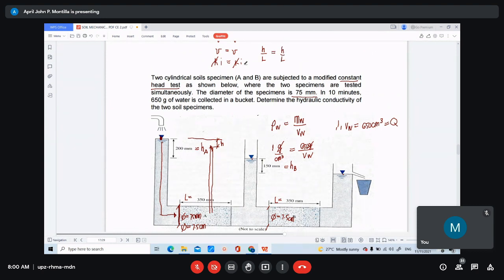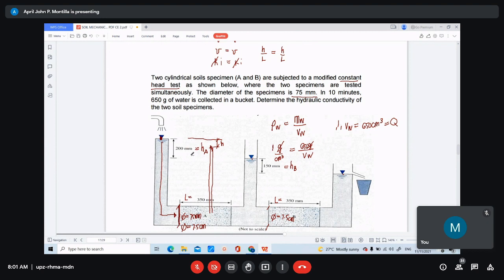Tapos dyan sa equation parang nagre-ratio and proportion lang tayo. Nasaan yung ratio and proportion natin doon? Kasi nga, according to hydraulics natin, pwede nating i-drawing yung energy gradient line. No? Ginawa nyo na yan. Nag-drawing kayo ng energy or total energy gradient line, ng hydraulic gradient line.